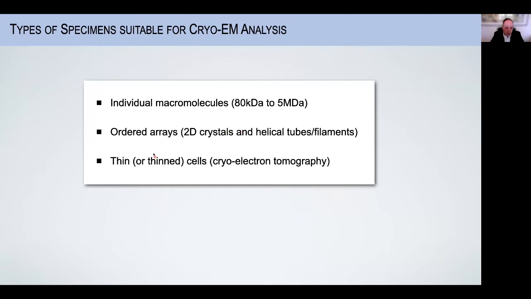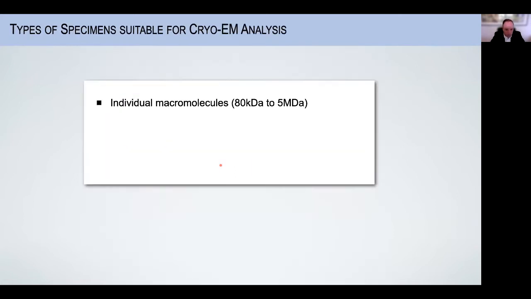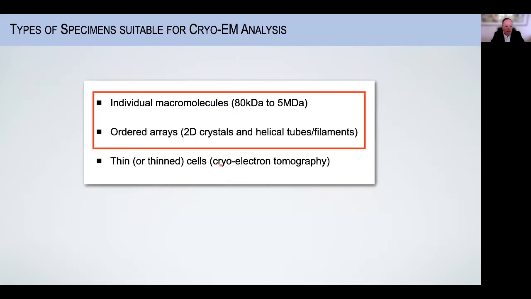Cryo-EM can also be used to look at cells, and that special modality of cryo-EM is known as cryo-electron tomography. What we have on campus is primarily the capacity to visualize individual macromolecules and ordered arrays. Capabilities for cryo-electron tomography are still limited, but we hope that they will come to campus in the next couple of years.